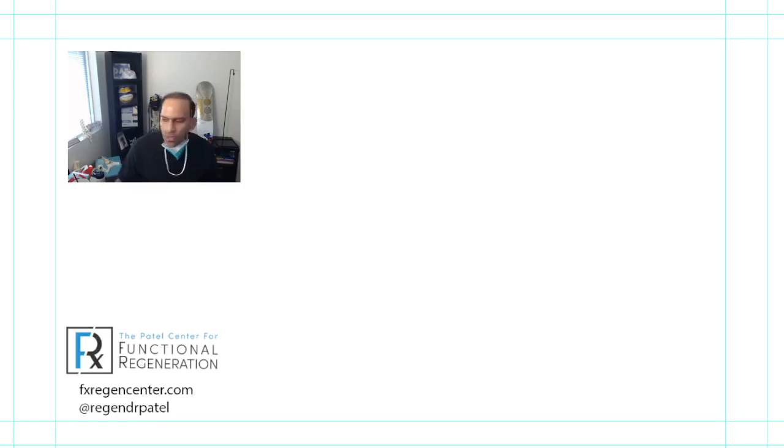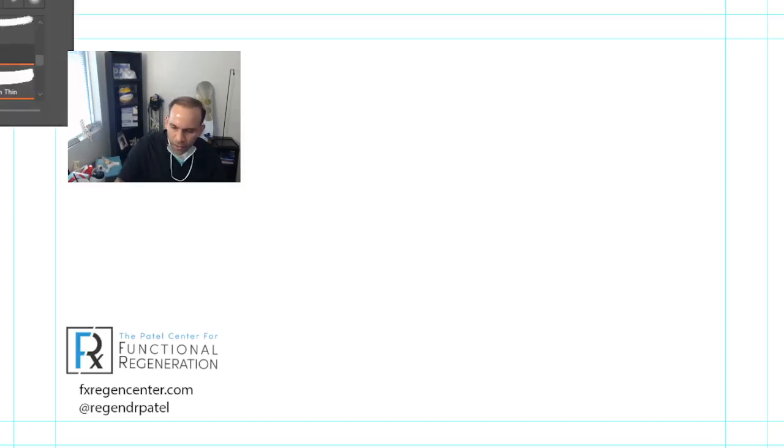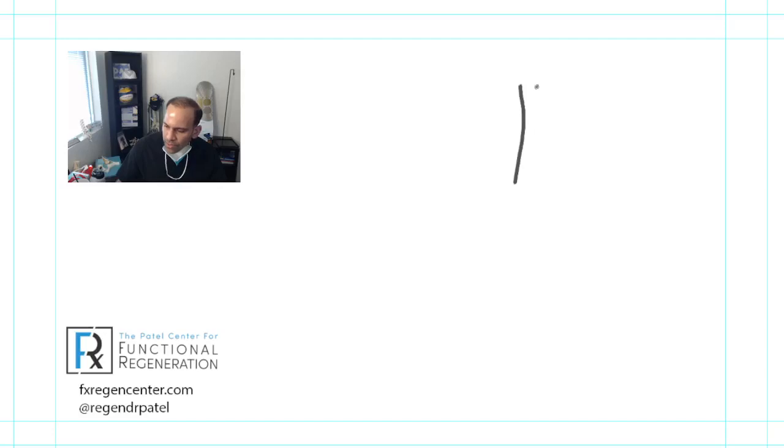So first and foremost, I'm going to start drawing some stuff, and we're going to kind of go through what are the different things that could cause hip pain. So bear with me as I go through these drawings here. So here is your spine, and I'm going to call this your lumbar spine.